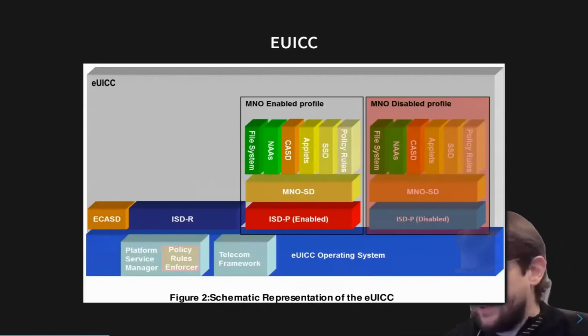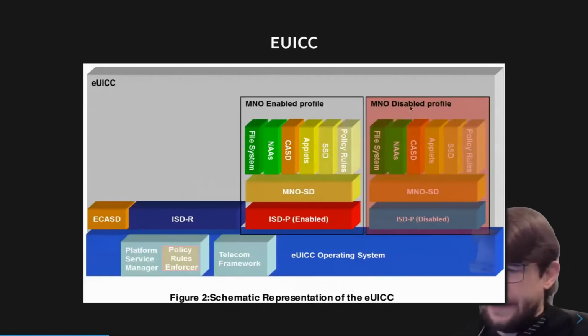In version 3.x of the eSIM specification, there is something called MEP, multiple enabled profiles, that allows multiple profiles to be enabled at the same time. That is basically meant to resemble the multi-SIM, dual SIM, for example, capabilities in the physical SIM universe.